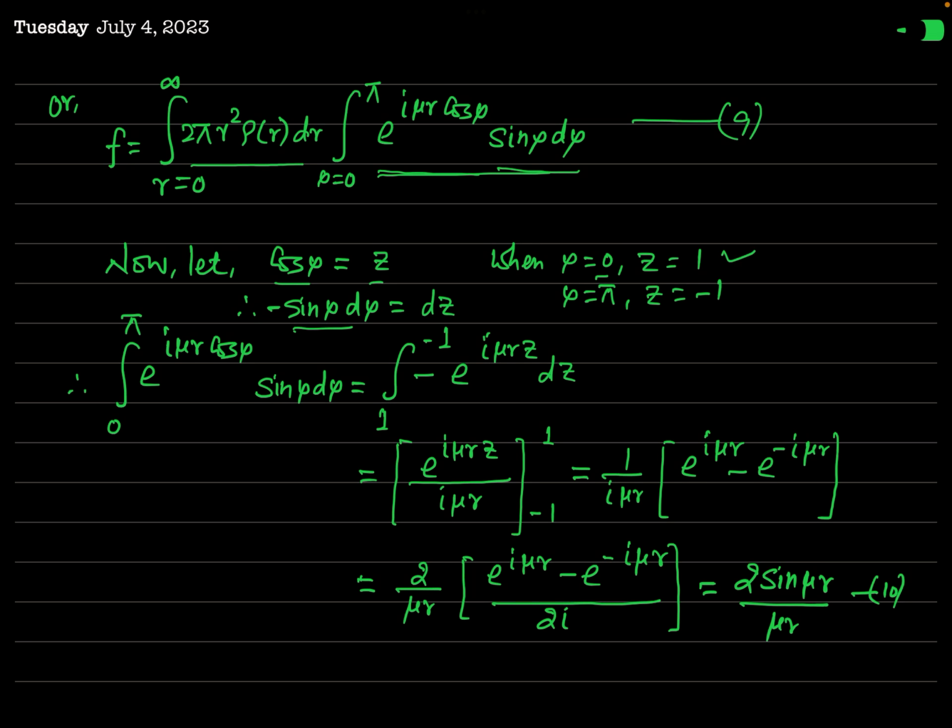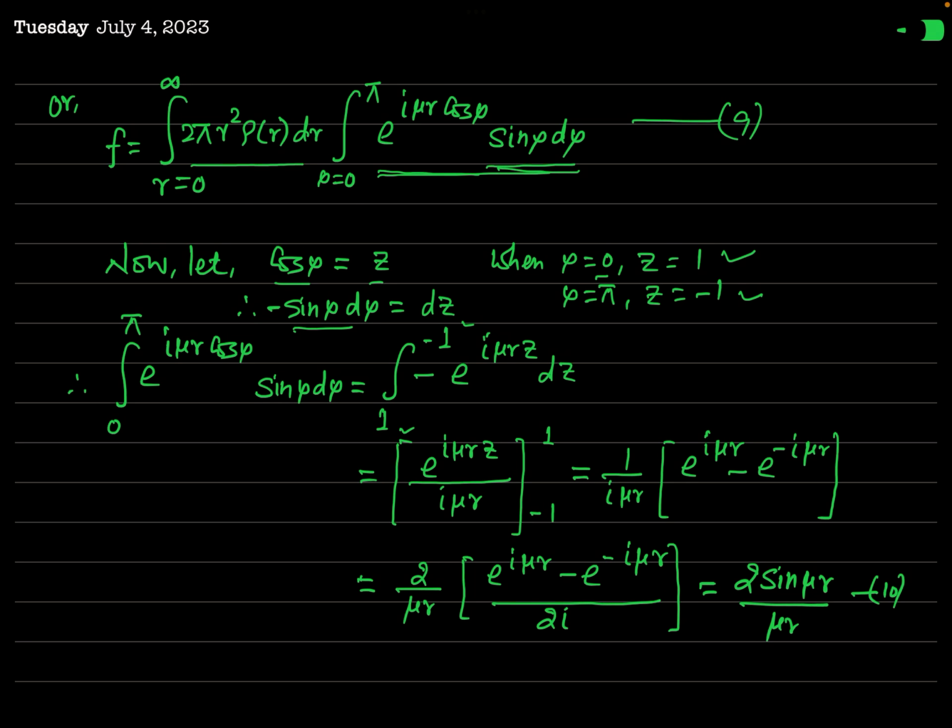And when phi is pi, z will be cos pi, which is minus 1. So instead of the limits 0 and pi, we will put 1 and minus 1. And in place of sin phi d phi, we will place minus dz.